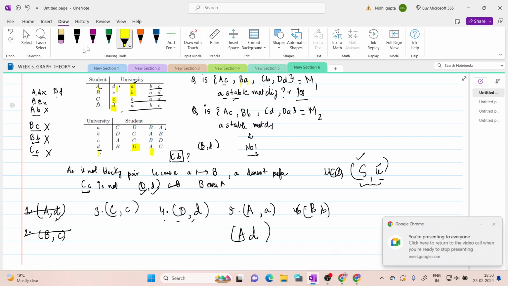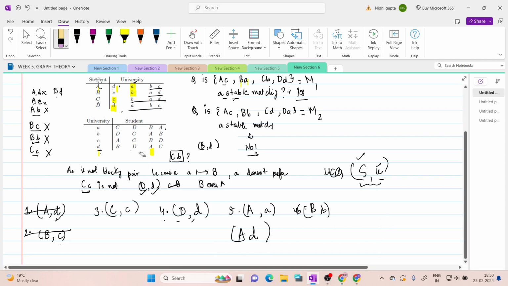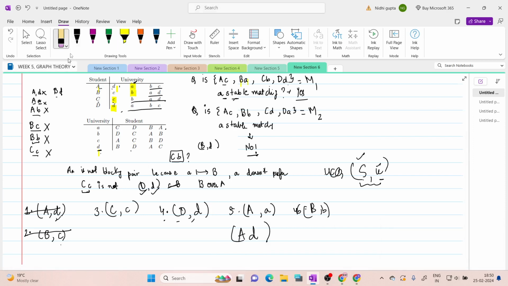Okay, so why is AD not a blocking pair? To say something is a blocking pair, both the first and second should be happier. A should be happy with this new choice, and D should also be happy with this new choice. By happy, I mean that they are getting better options than they were getting before.